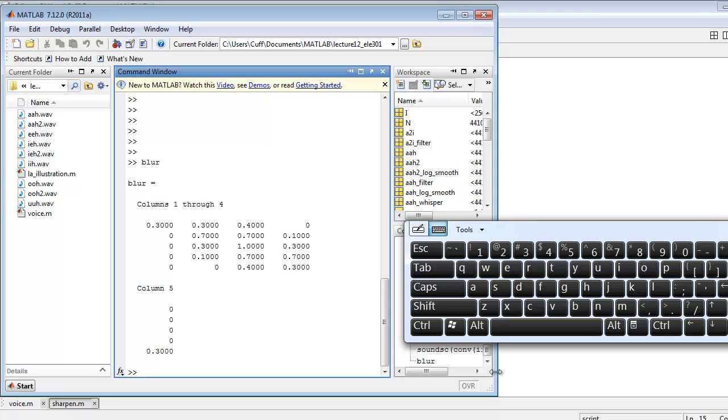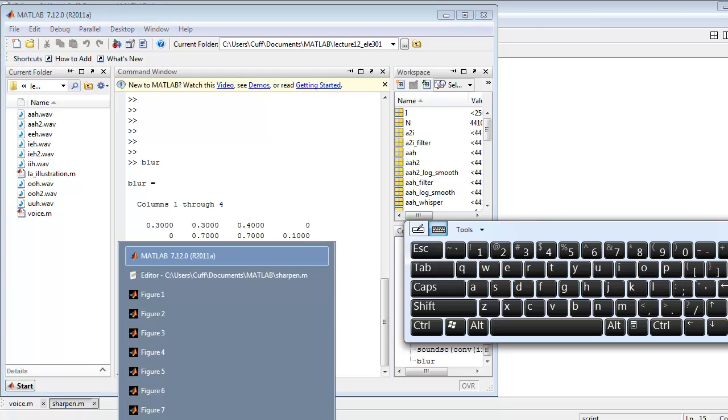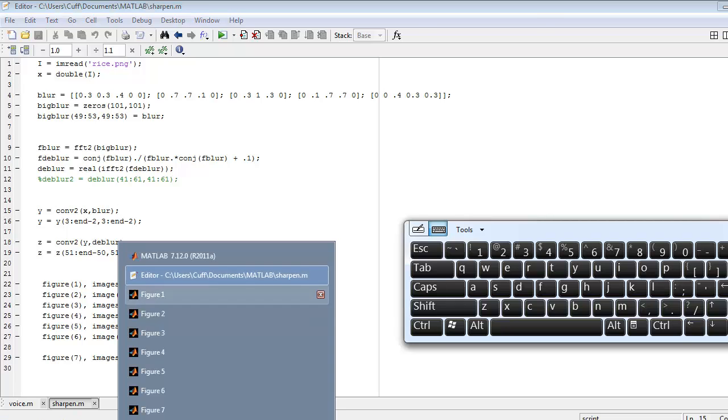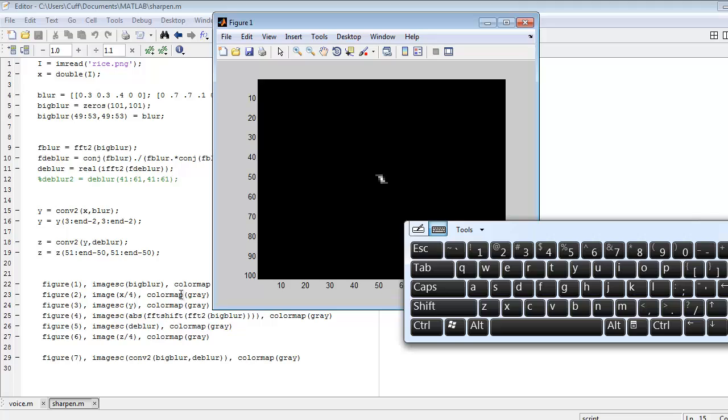These are numbers. This is a 5 by 5 matrix. There's some zeros. There's some non-zeros. It's one in the middle. I'll show you a grayscale image of this matrix, which is right here. Figure 1. This is what blur looks like, although I put a bunch of zeros around it, just to put it in context, so it's the same size as the image. It's got a blur about that big.